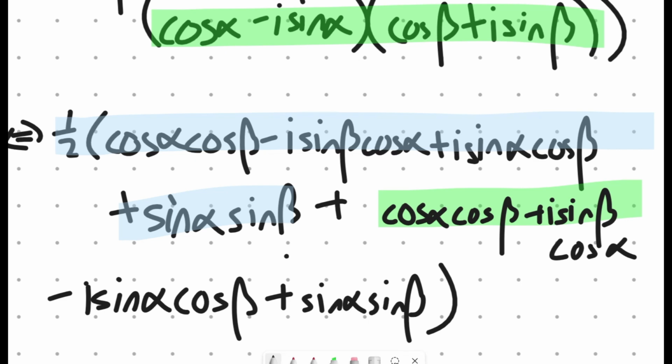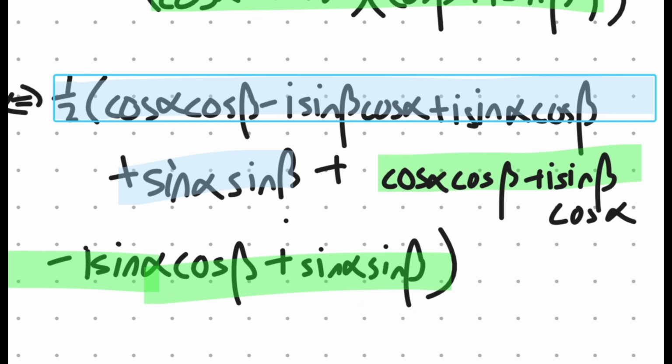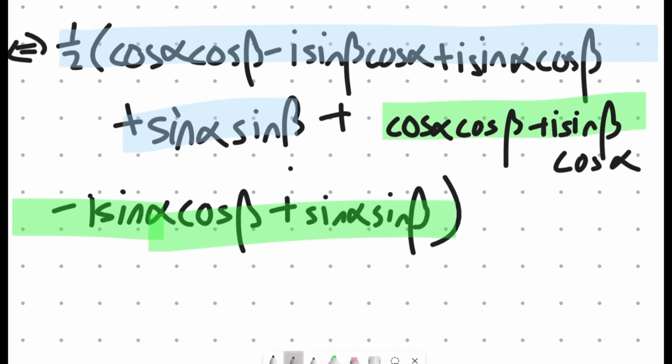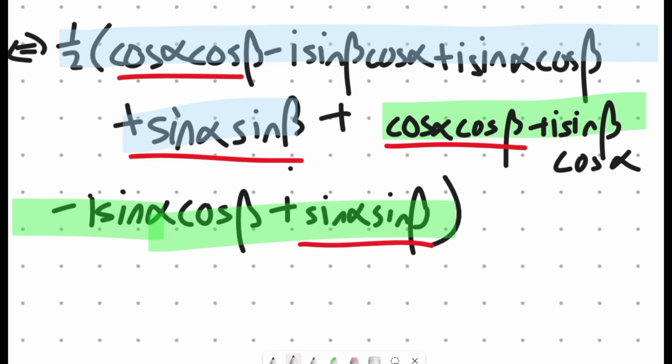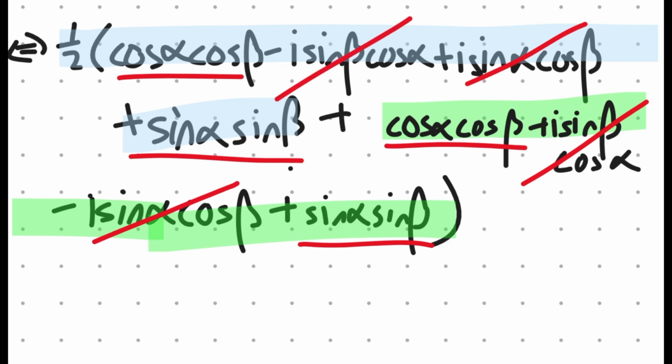Now we are done expanding everything into many little parts of cosine alpha, cosine beta, sine alpha, sine beta, and i's. Now we eliminate some of them. Cosine alpha cosine beta appears twice, and sine alpha sine beta also appears twice, so we can put them together. The i sine alpha cosine beta cancels out with the negative i sine alpha cosine beta, and the i sine beta cosine alpha also cancels out with the negative i sine beta cosine alpha.